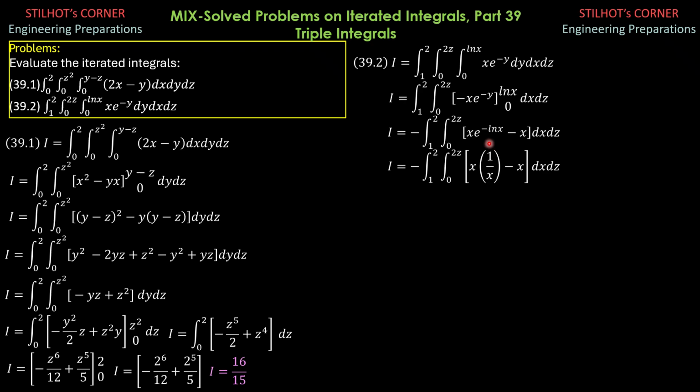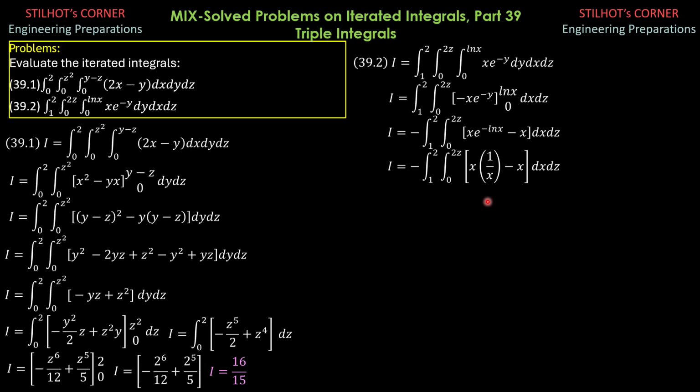So again, this is e to the negative ln of x, which is e to the ln of x to the negative 1, and ln of x to the negative 1 is also ln of 1 over x. Then e to the ln of 1 over x is simply 1 over x. So then minus x dx dz.